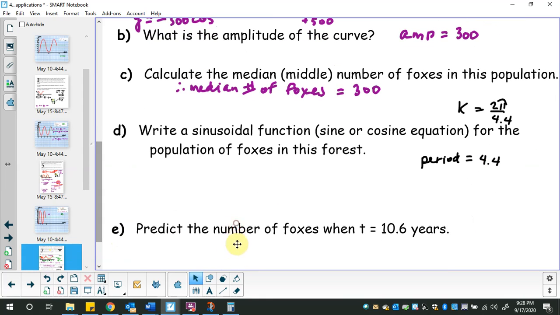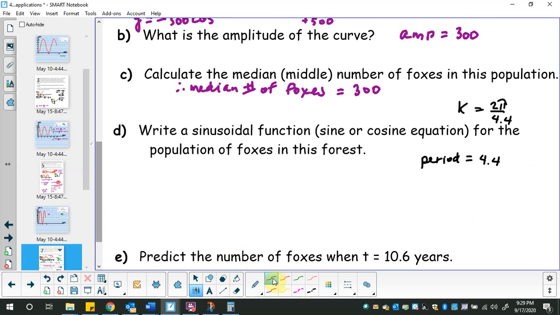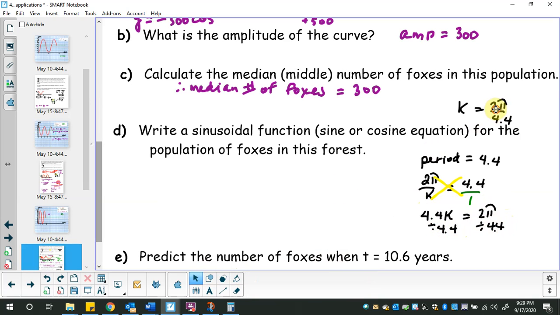I am going to fill in the math for those of you who want it: 2 pi over k is equal to 4.4 over 1, cross multiply, get the k by itself, and bam, we have our answer.